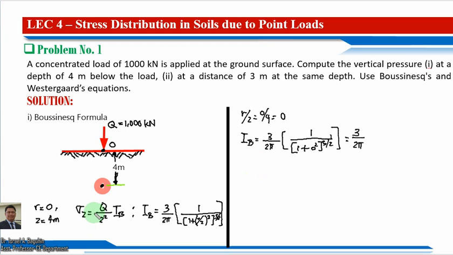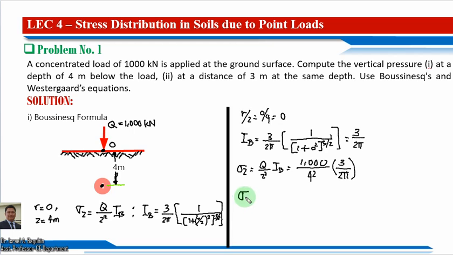Okay, so we have now this value of our influence factor IB. Calculating now the sigma subscript z, or the vertical stress, we can say that this point load q over z squared times your IB is just equal now to, here our q is 1000 over our z is 4 squared times this influence factor IB, which is 3 over 2 pi.